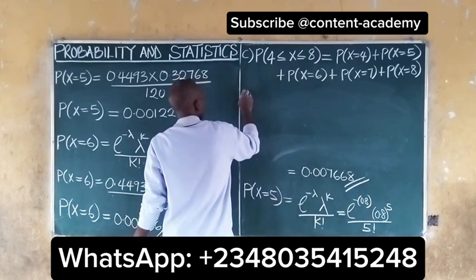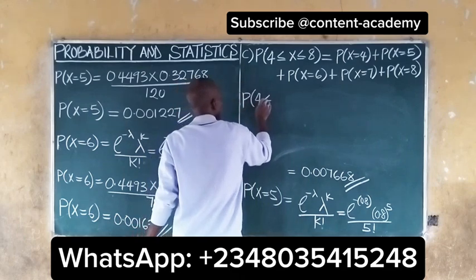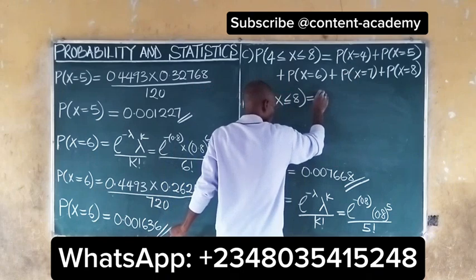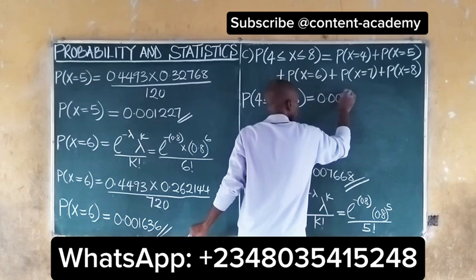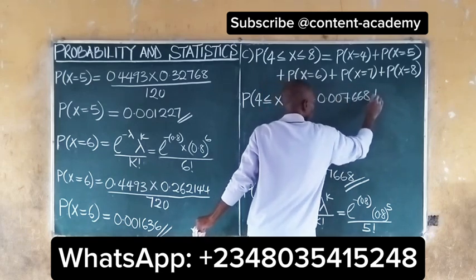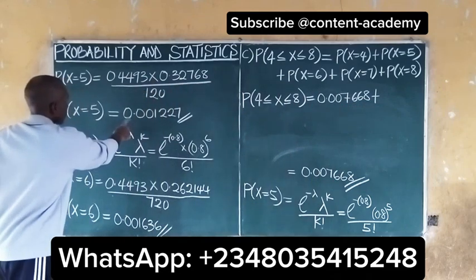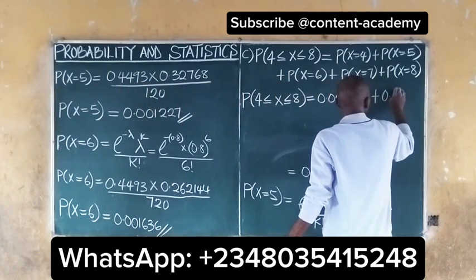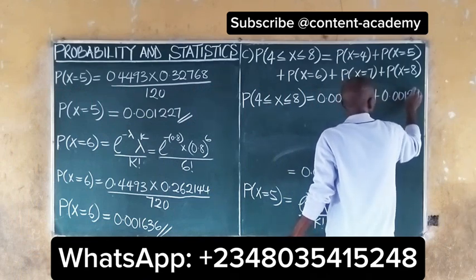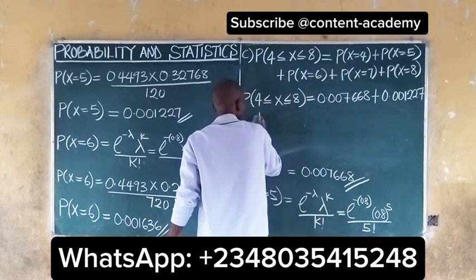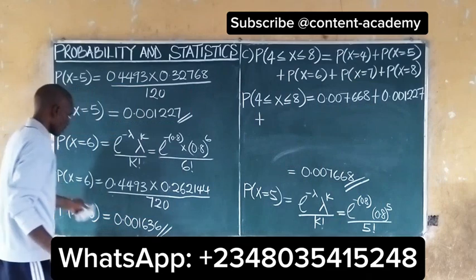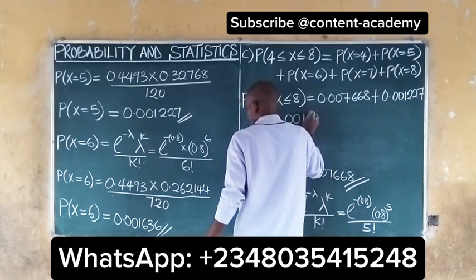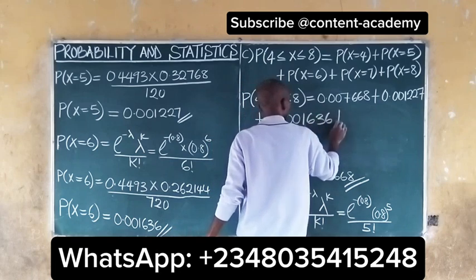So the probability that 4 is less than or equal to x is less than or equal to 8 is equal to P(x = 4) gives us 0.007668 plus P(x = 5) gave us 0.001227 plus P(x = 6) gave us 0.001636 plus.